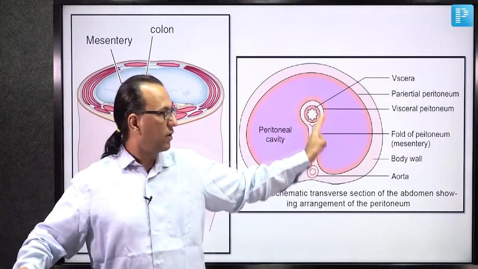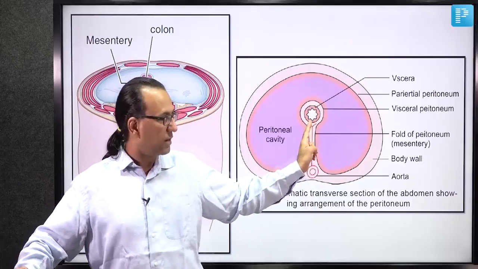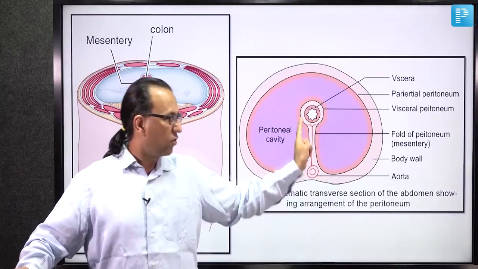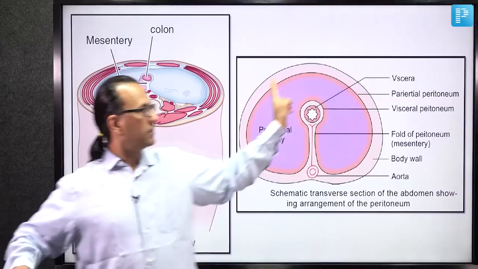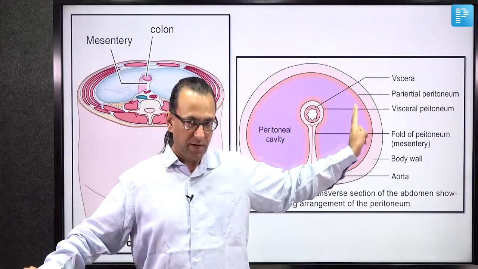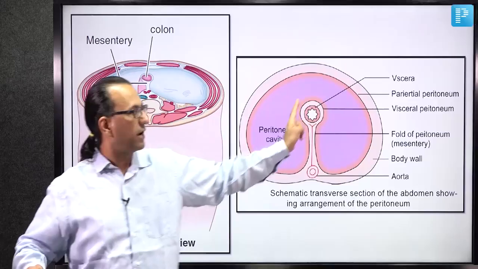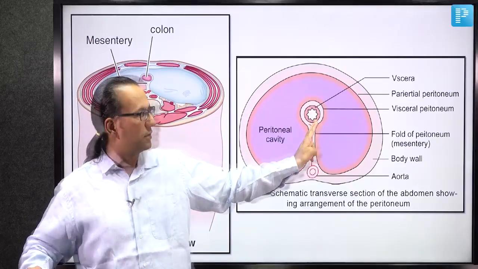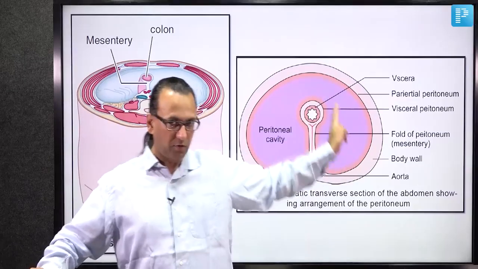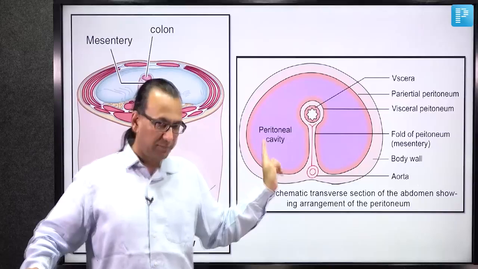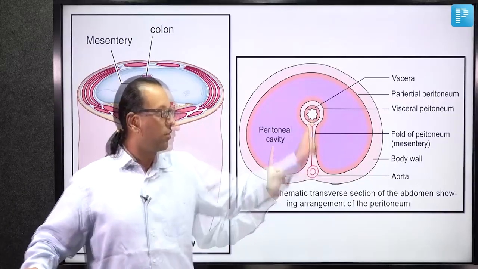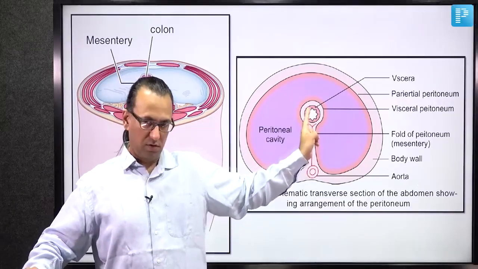The gut is covered by the visceral peritoneum, which reflects onto the body wall and is then called the parietal peritoneum. Between the parietal peritoneum in the periphery and the visceral peritoneum on the viscera, there is a space called the peritoneal cavity, which is large in the beginning but later becomes very small since the abdominal viscera become more and more crowded in the cavity.